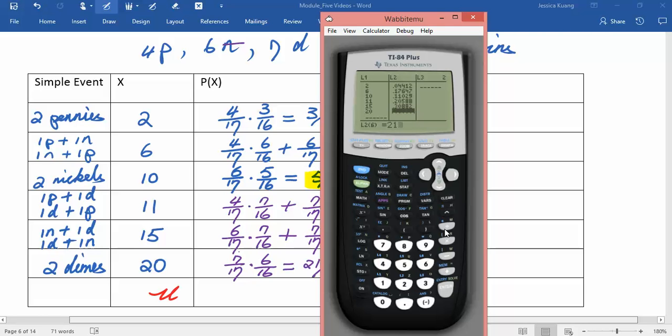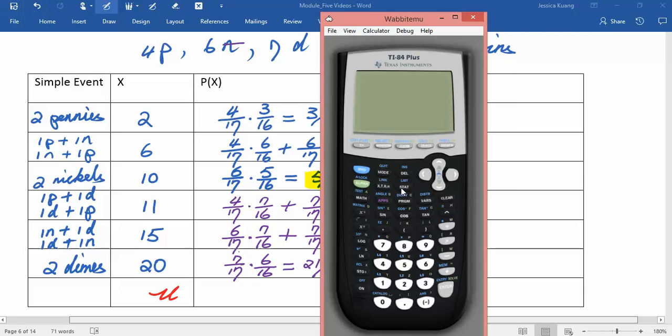21 over 136. Enter. Press second mode to get out of that screen. And let me clear my entire screen.